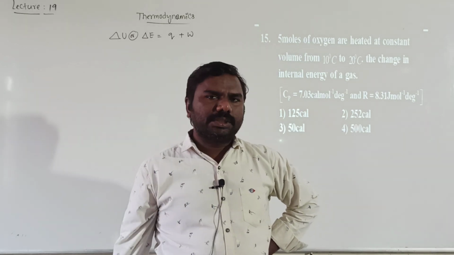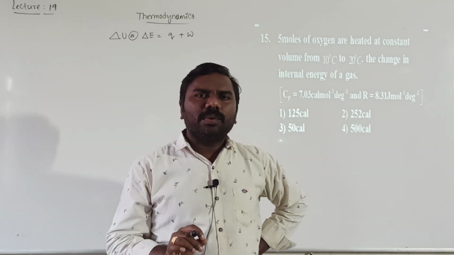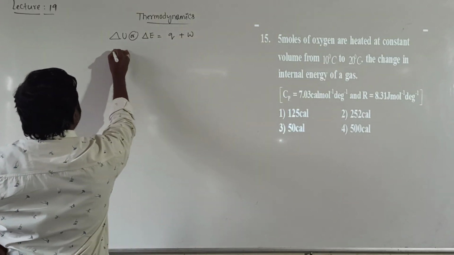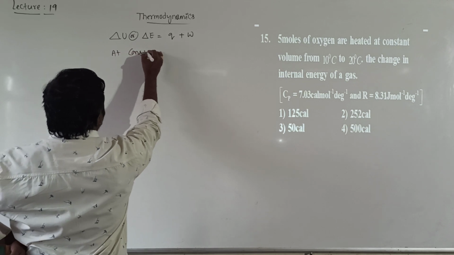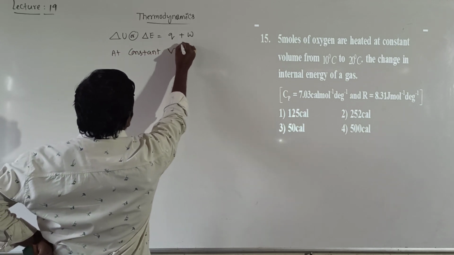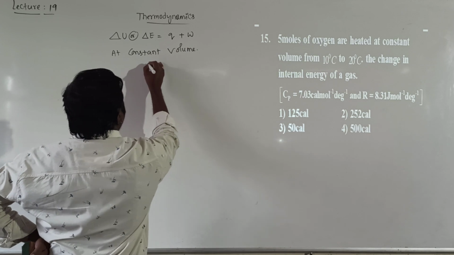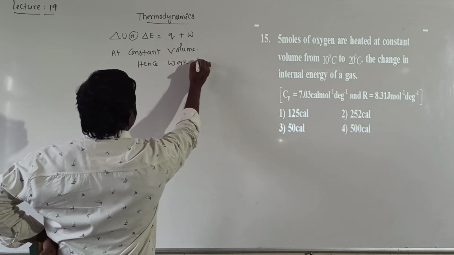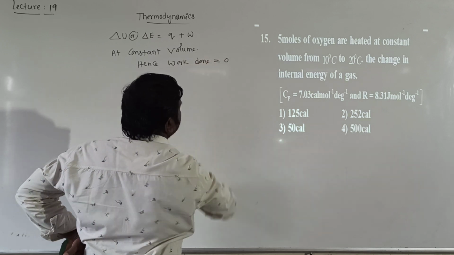To solve this question, we should know Q and W, work done. This is at constant volume, hence work done becomes 0.